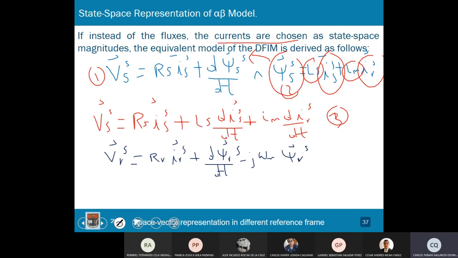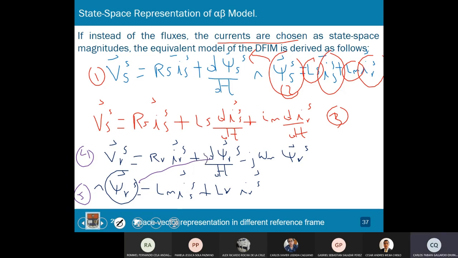This is for the rotor. I will use the same formula for the rotor flux space vector, which we have already derived in the previous class: the magnetizing inductance times the stator current space vector plus the rotor inductance times the rotor current space vector. Following the same methodology, let's call this equation number 4 and this equation number 5.